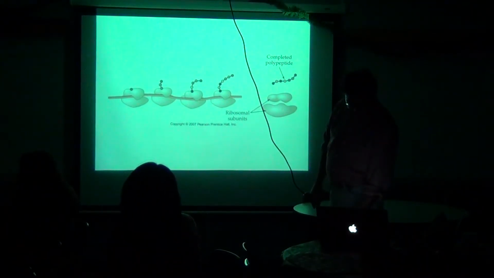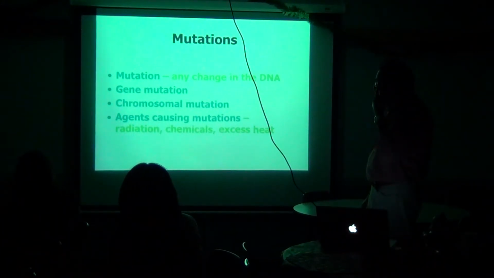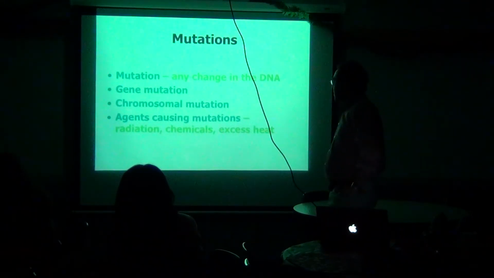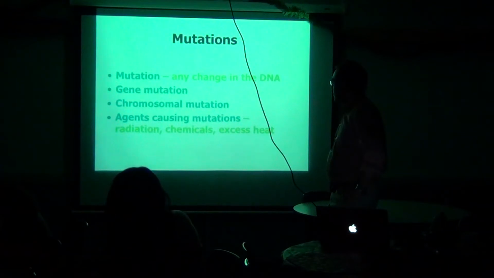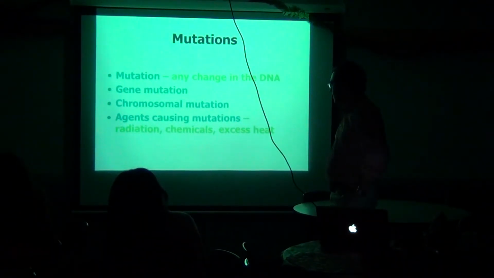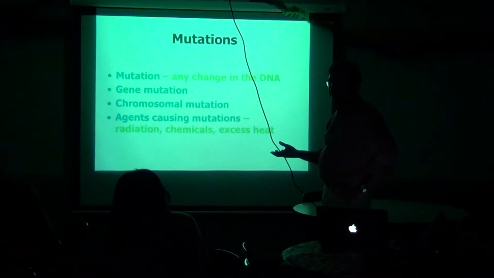Okay. We're going to look at mutations. What is meant by mutation? We already started talking about mutations. Mutation is any change in DNA. I already mentioned things that can cause change in DNA: radiation, chemicals, heat, and errors during DNA replication can cause mutation.